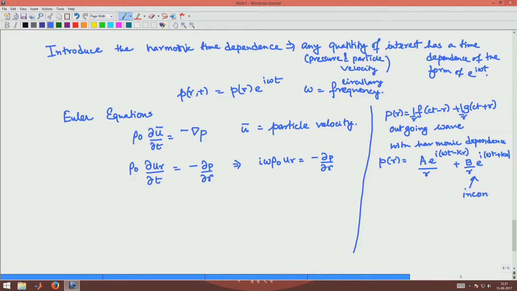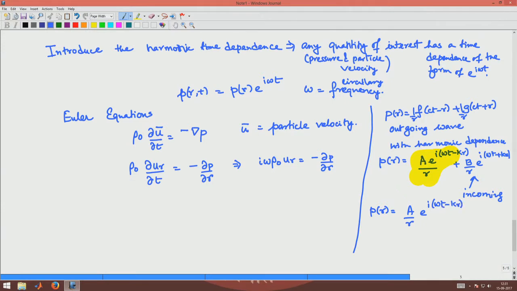If you are interested only in the outgoing wave, you should take only the outgoing wave term. So, for the present derivation, we will take only the outgoing term, which reads P(r) equals a by r e to the power i(omega t minus k r).